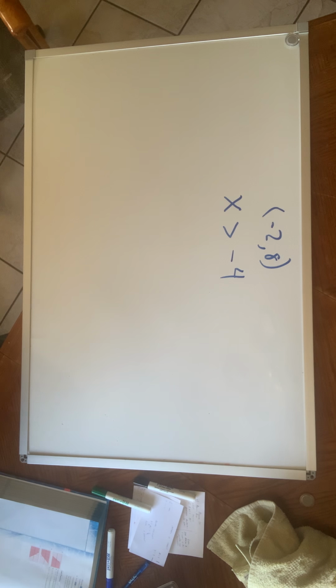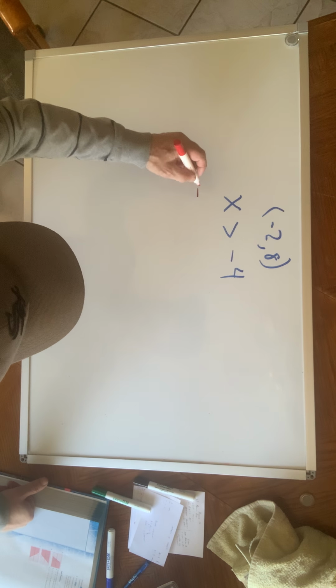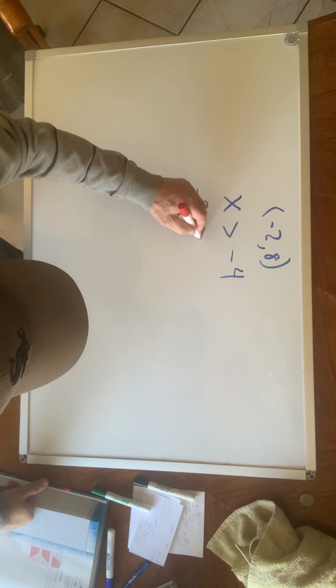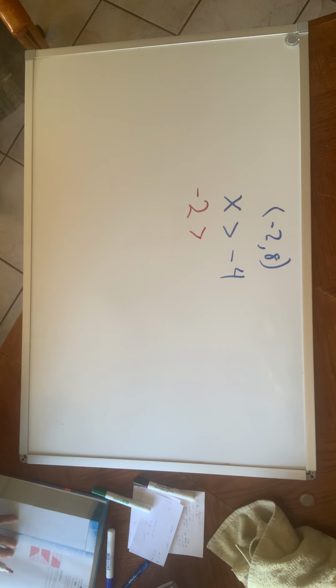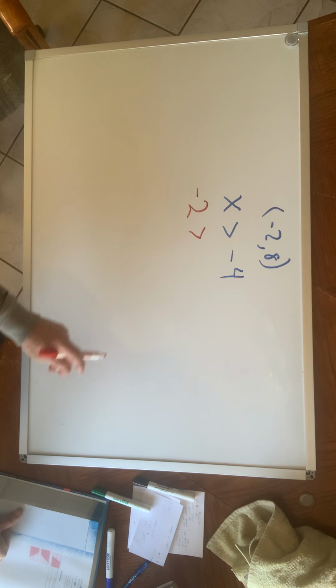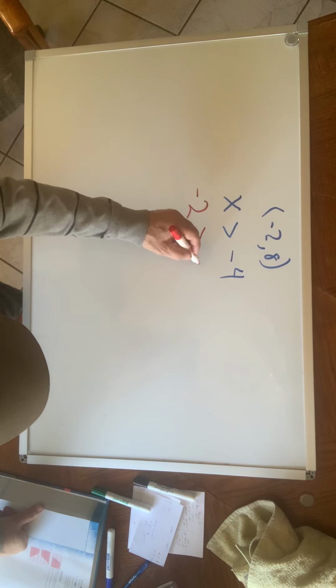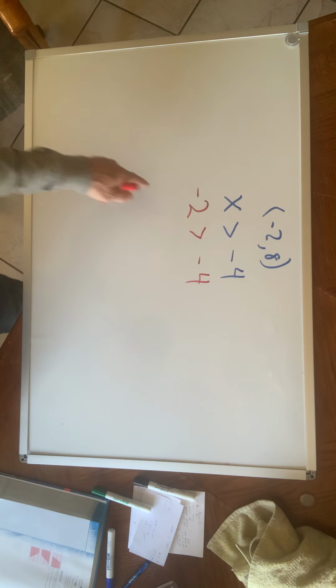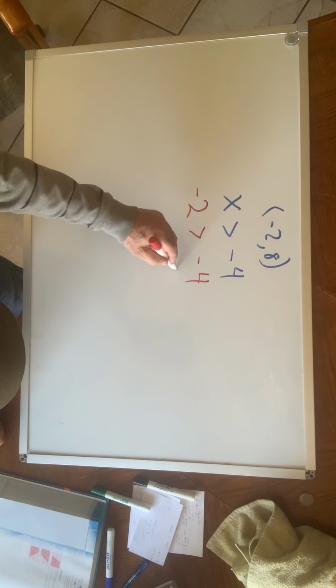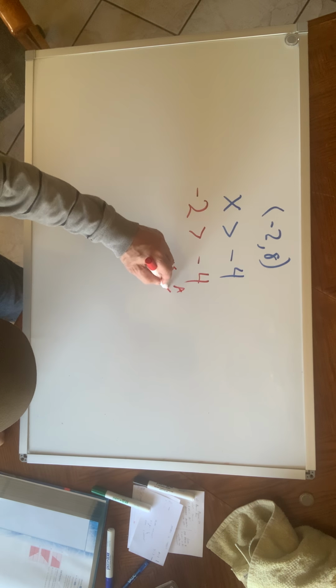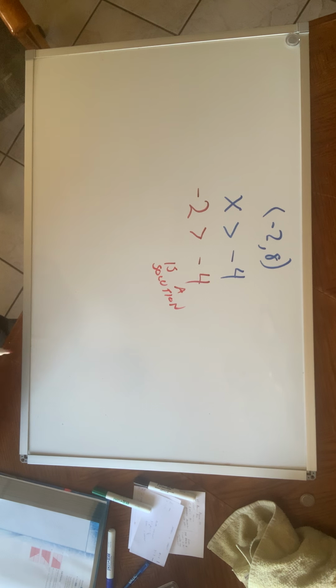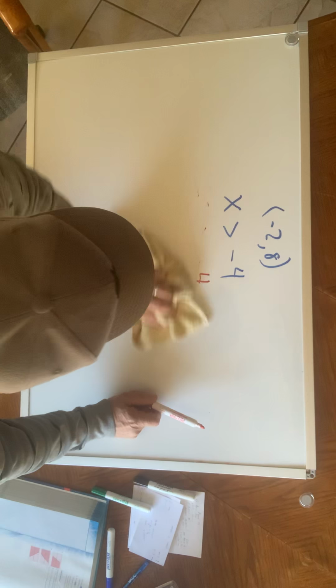In this case, we get x is negative 2. Is that greater than negative 4? And y would be 0. Y is not there because we're going to get a horizontal line, so we just end up with that. Is that true? Yes, it is. So this is a solution.